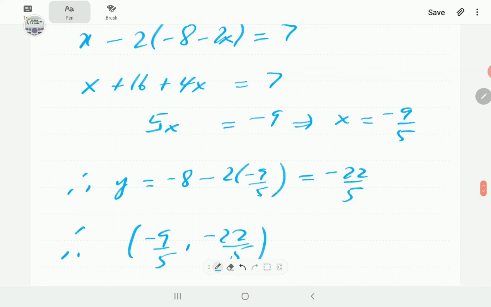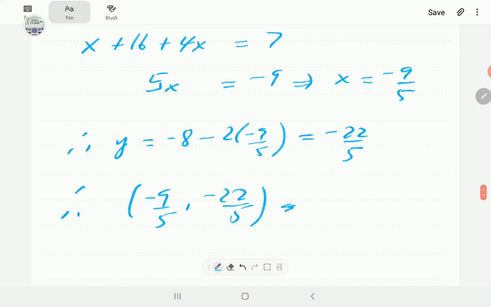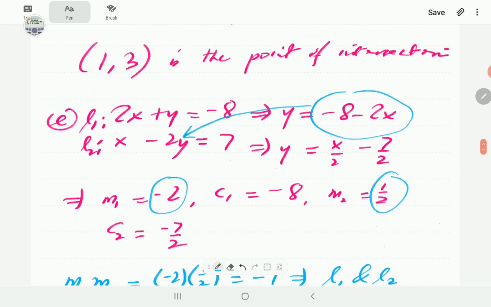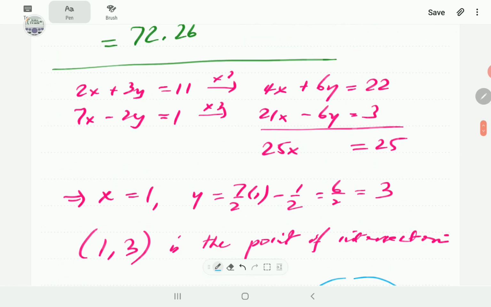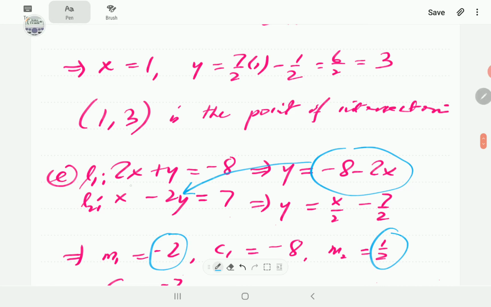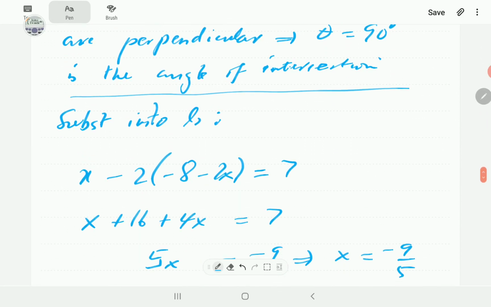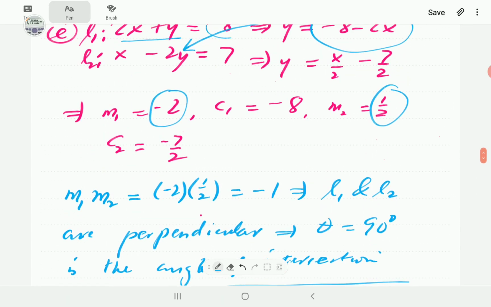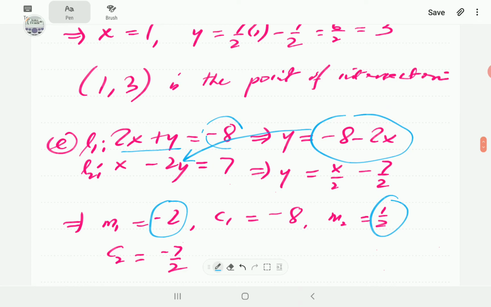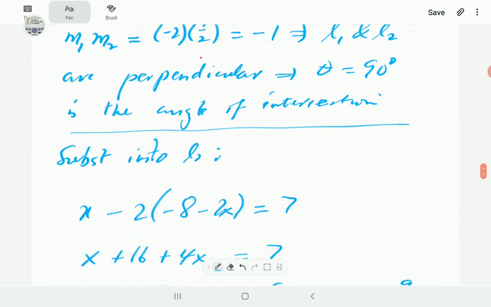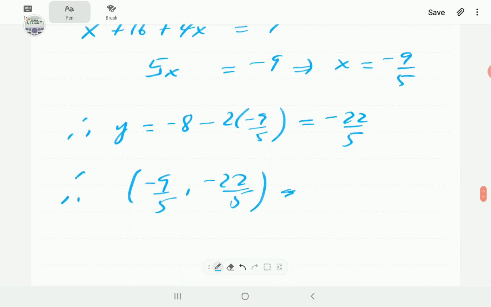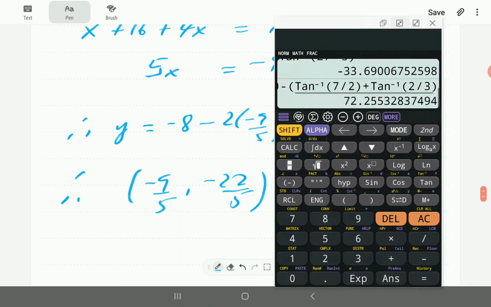Now, mind you, these can always be checked by plugging them into these equations. For instance, if you plug them here, they must give you -8. When that happens, you know that it's good. Actually, maybe let's just do one of those. So we've got 2x + y is -8. x is -9/5.